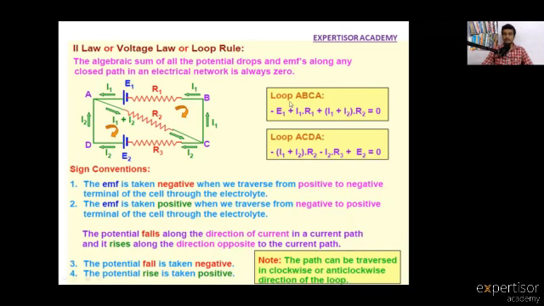See here, loop A B C, A to B. The loop direction is from the positive terminal of the battery to the negative terminal, so E1 is negative. Next, the current direction is opposite to my loop direction, so by the loop law and Ohm's law, the potential is I1 into R1, which is positive. When the current direction is opposite, the product I1 R1 is positive. Okay, A to B completed.